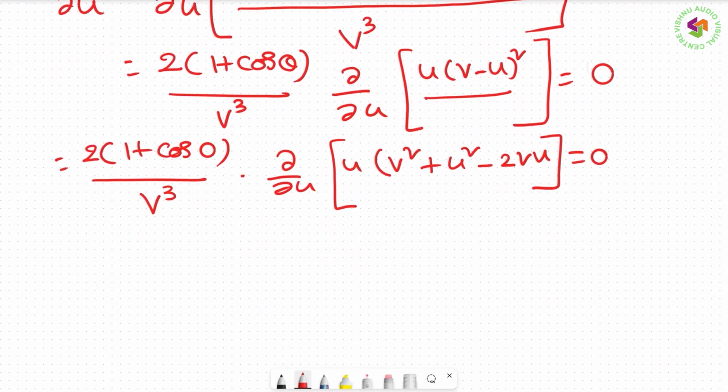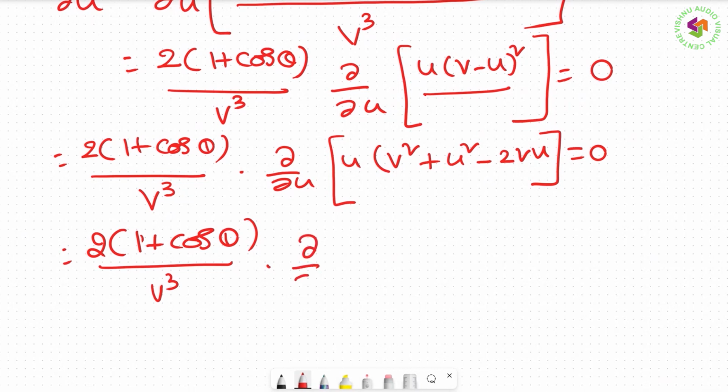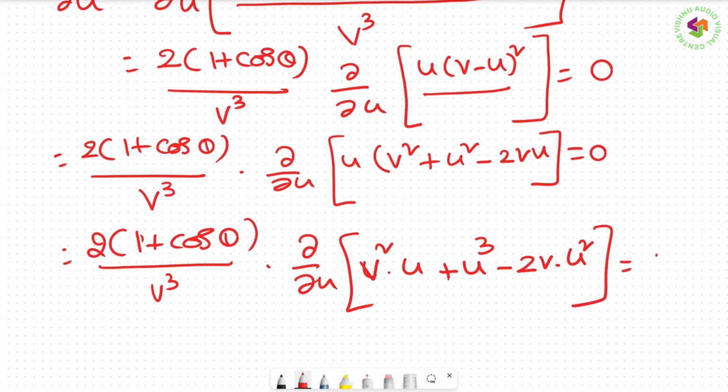So now again I expand it. This is constant anyhow, 2 into 1 plus cos theta by V cube into dou by dou u of V square into u plus u cube minus 2V into u square is equal to 0.